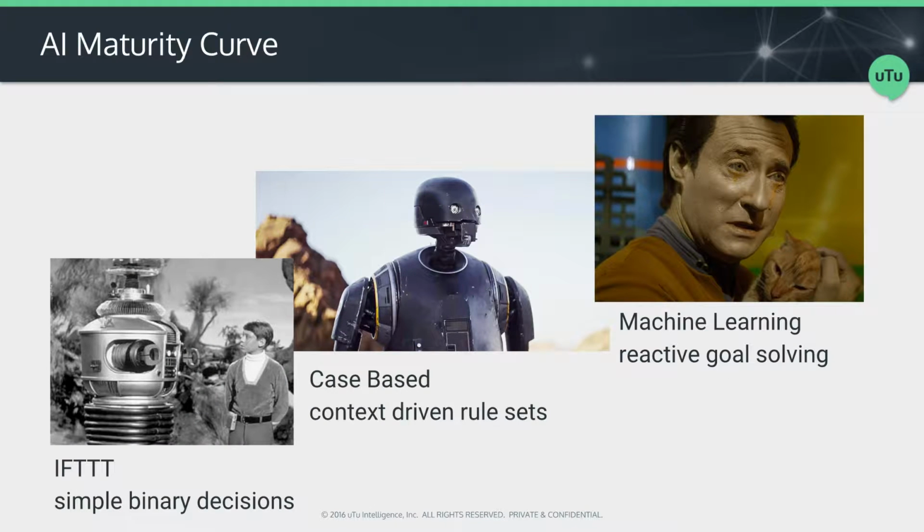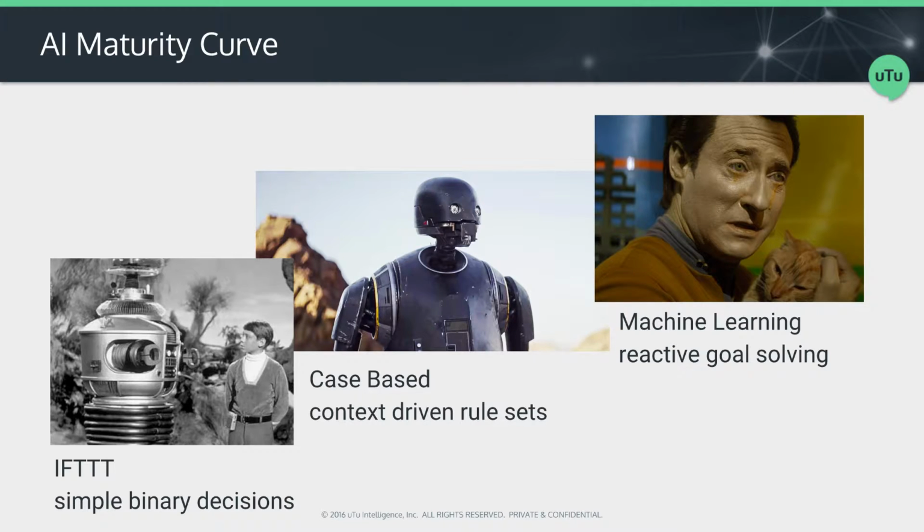If we think about AI in terms of a maturity curve, going back to Hello, Mr. Robinson, Warning, Will Robinson, with an if-then approach, a very simple logic model, it can make binary decisions. More recently, maybe Rogue One, it's able to take complex action and think on itself.